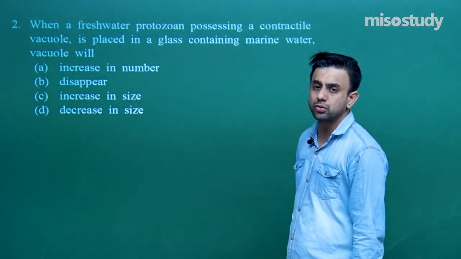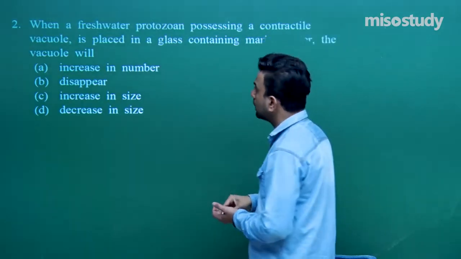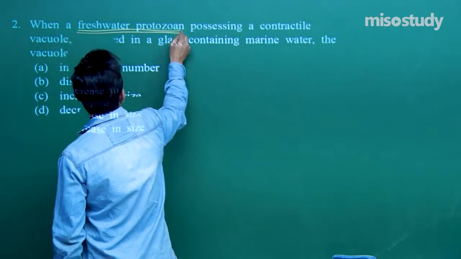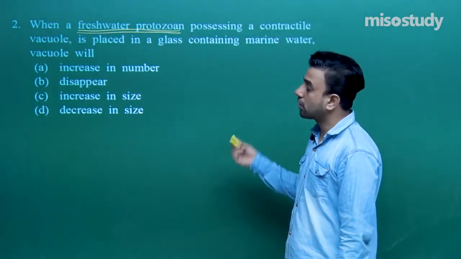We have talked about the protozoans. So first we should know that when we get hold of this protozoan, it has a contractile vacuole.